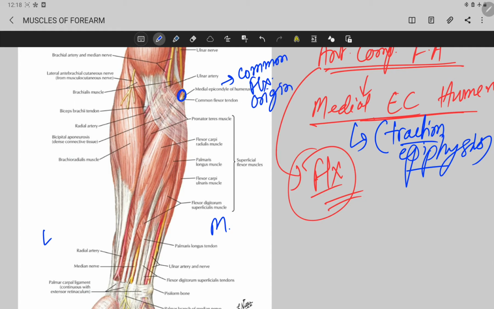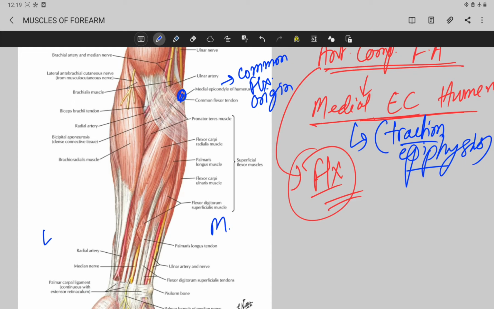Why? Because every flexor muscle of the superficial layer, not the deep, generally originates from this epicondyle. That's why this is called your common flexor origin.